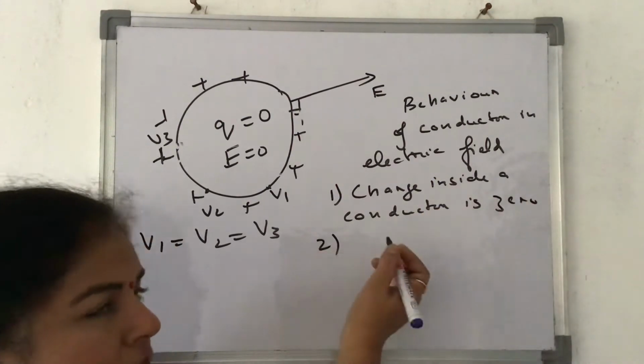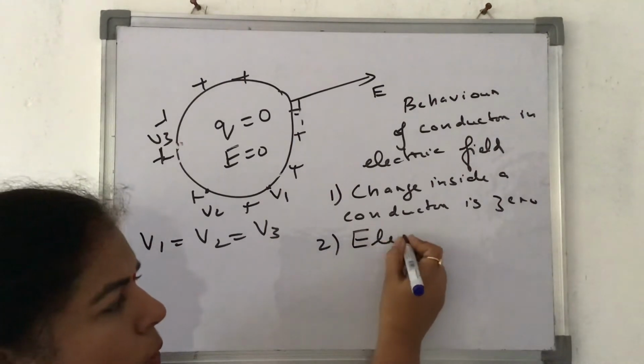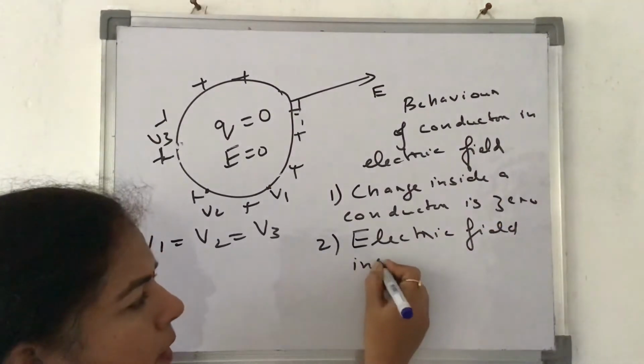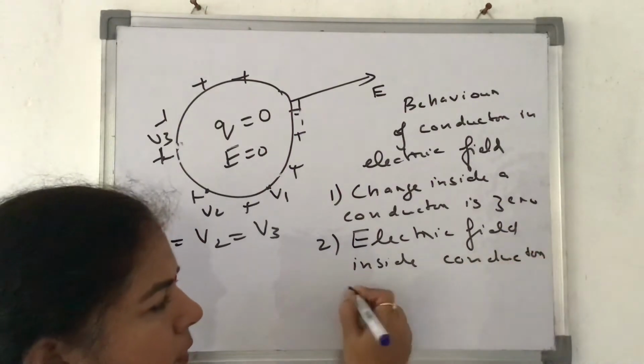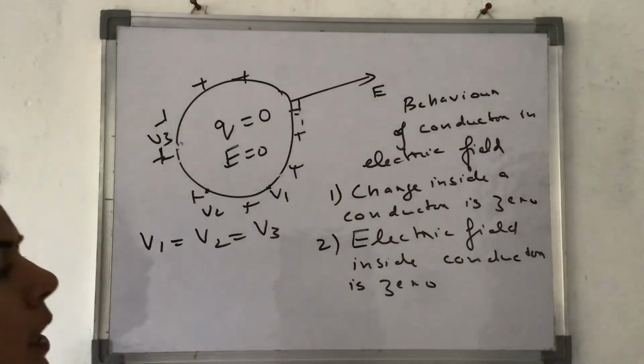Obviously, if the charge inside the conductor is 0, the electric field inside the conductor is also 0.